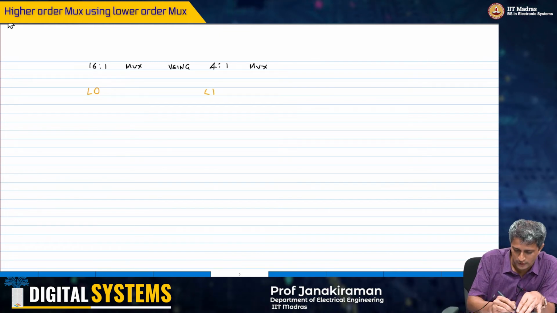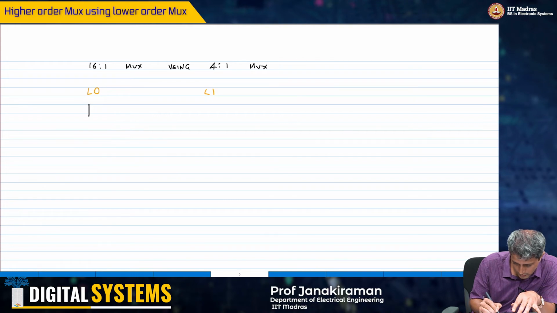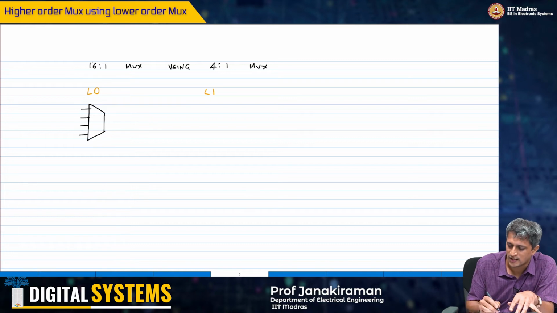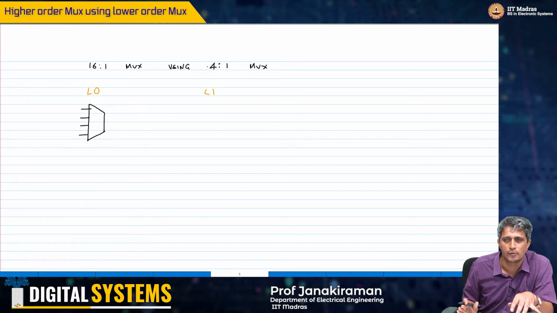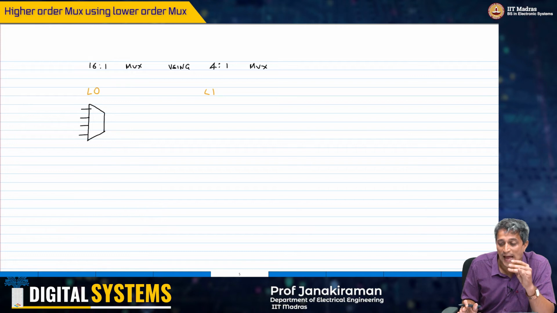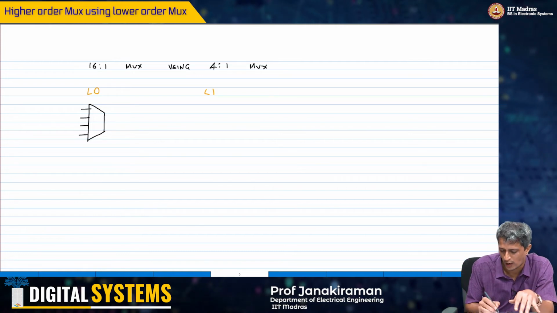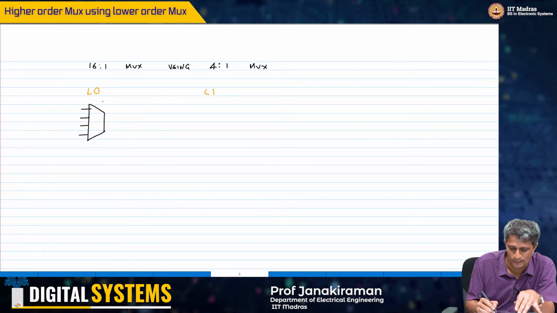First of all, I need 1, 2, 3, 4. I need 16 by 4, because each multiplexer that I have, a 4:1 MUX, can take 4 inputs. So I need 16 by 4, I need 4 such multiplexers.